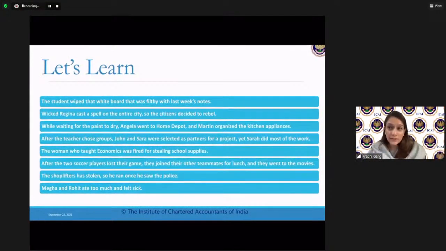I will read the sentences one by one and you quickly write down the answers. Wicked Regina cast a spell on the entire city, so the citizens decided to rebel. This is easy. Come on. There's a use of so, which is the coordinating conjunction.